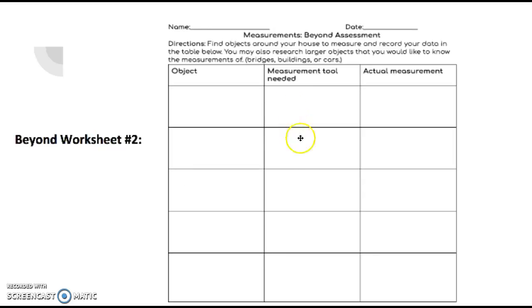They'll list the measurement tool that they need as well. And they can find different larger objects like bridges, buildings, or cars, but they just have to make sure that they list the measurement tool needed and the actual measurement.